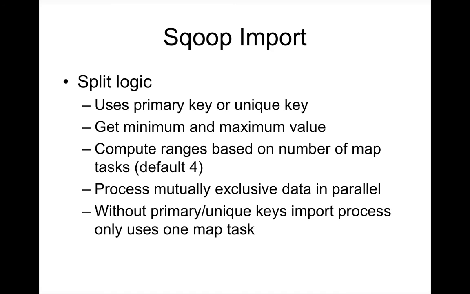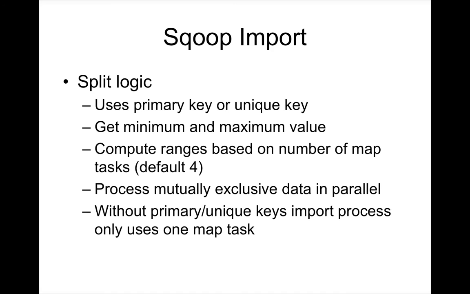Now each thread will generate a where condition while querying the data from the database, which says 1 to 250, which is 1 to 1000 divided by 4. And then for the second thread, it will be 251 to 500, which is 250 plus the previous value.